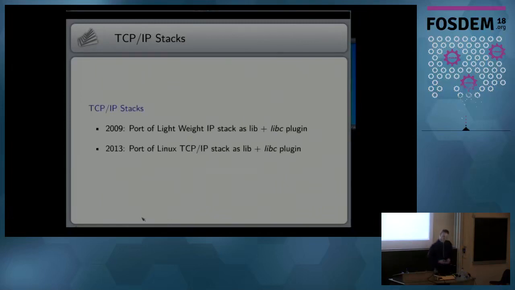In 2013, we started experimenting a little bit with gigabit network, and then we discovered that the lightweight IP stack is not so cool when it comes to performance on a gigabit network. So there was the approach to go to the TCP/IP stack of Linux too.